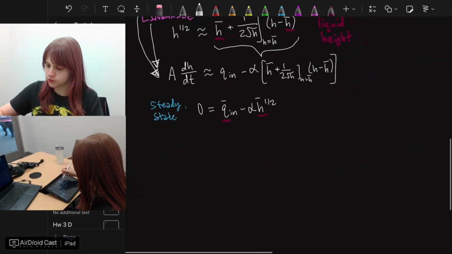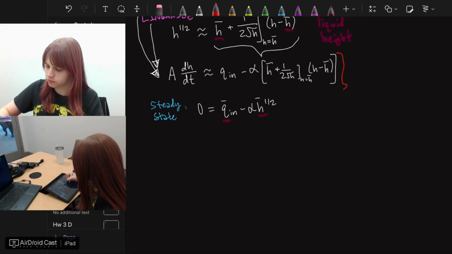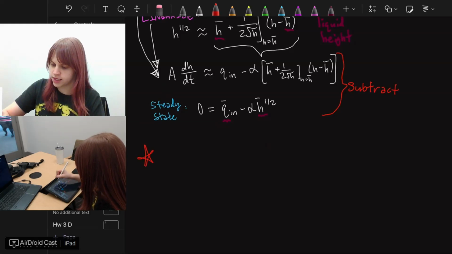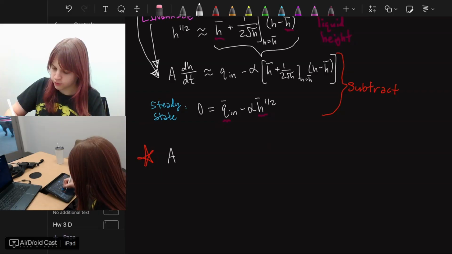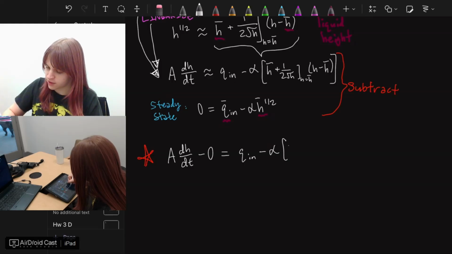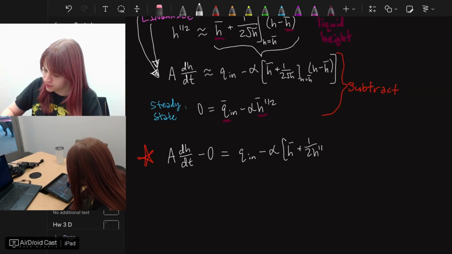Now we want to subtract these two equations. I'll do that right here. So we would have dh/dt minus 0 is equal to Q in minus alpha times h, and I'm going to start writing that as h to the 1/2.